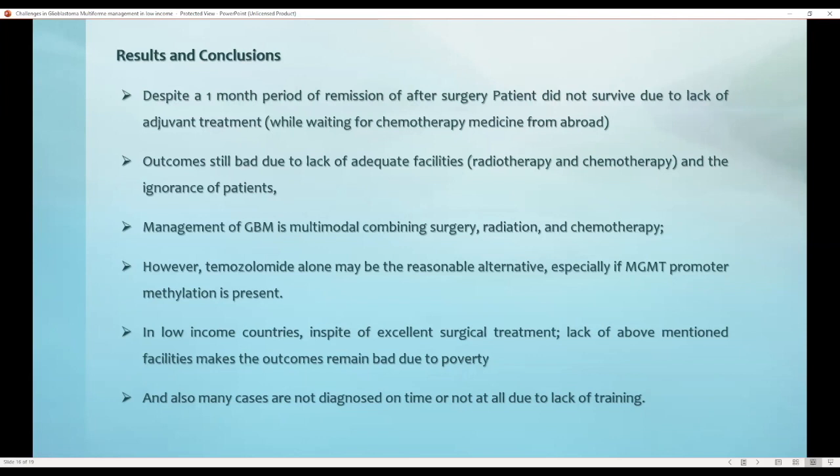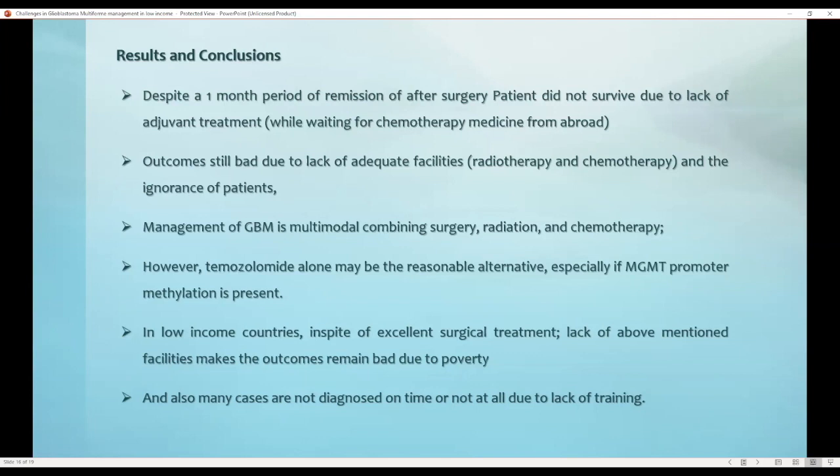In low-income countries, in spite of excellent surgical treatment like that given to this lady, the lack of the above-mentioned facilities makes the outcomes remain bad due to poverty.